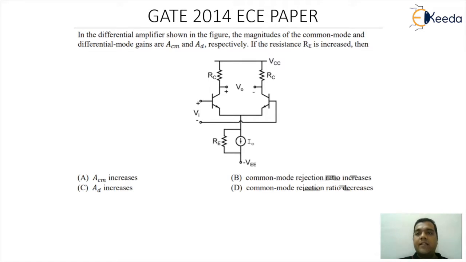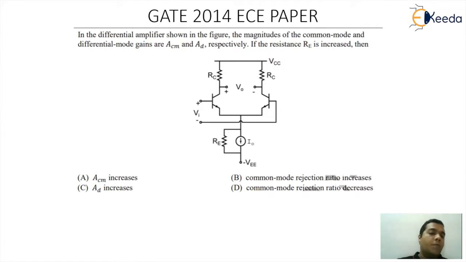If the resistance RE is increased, then option A, ACM increases, option B, common mode rejection ratio increases, option C, AD increases, option D, common mode rejection ratio decreases.